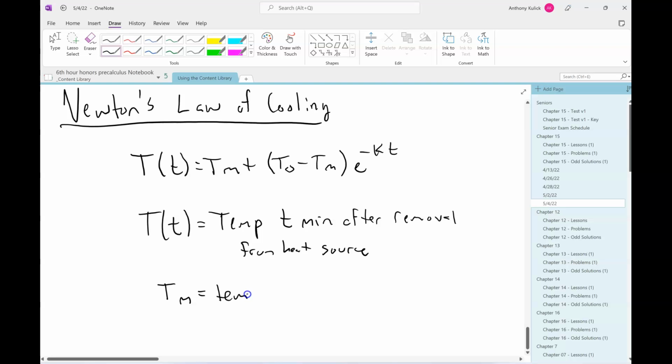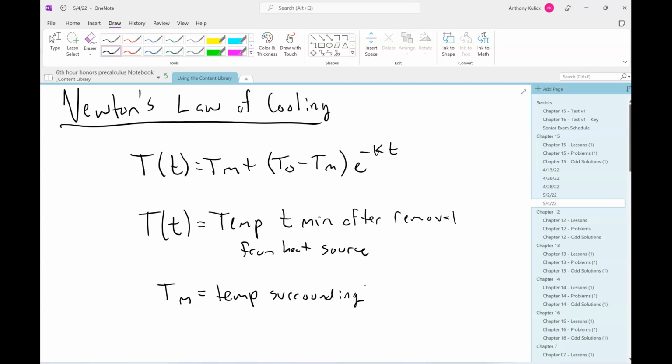TM is the temperature of the surroundings. So like in the pizza roll example, the TM is just the air in the room, right? So room temperature or whatever. Now, if you're like a medieval blacksmith and you're pulling your sword out of the furnace and then you're doing like an annealing thing and you're dunking it in cold water, the temperature of the surroundings would be the cold water.